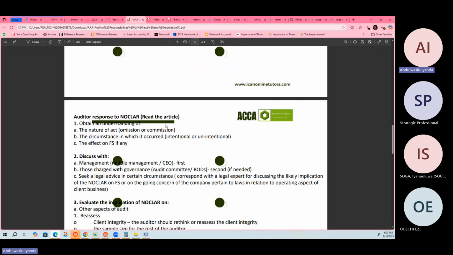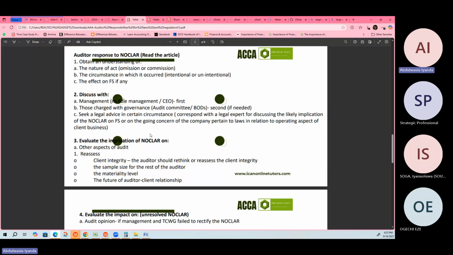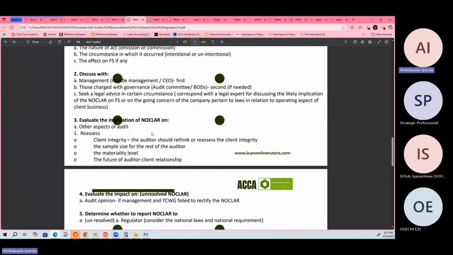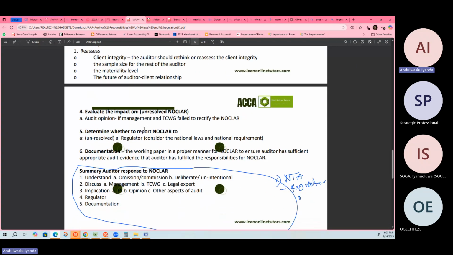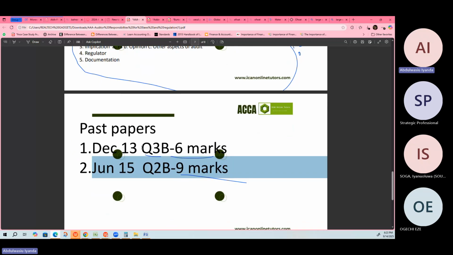And what is the auditor's responsibility when it comes to NOCLAR in the exam? Obtain an understanding, you discuss, you evaluate the implication, you evaluate the impact of any unresolved matters, you determine whether to report, and you need to document as much as possible. So in summary: understand, discuss, look at the implication, determine whether to report, document, and also think whether you need to seek legal advice on this matter.